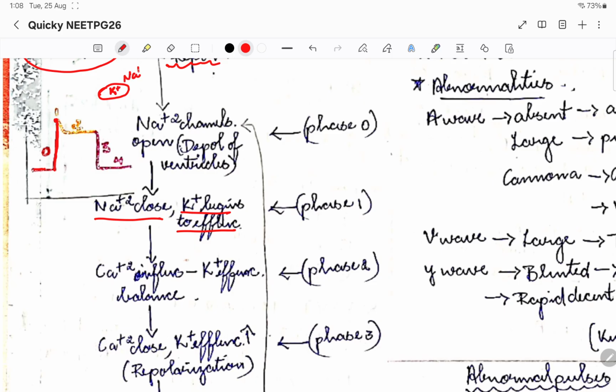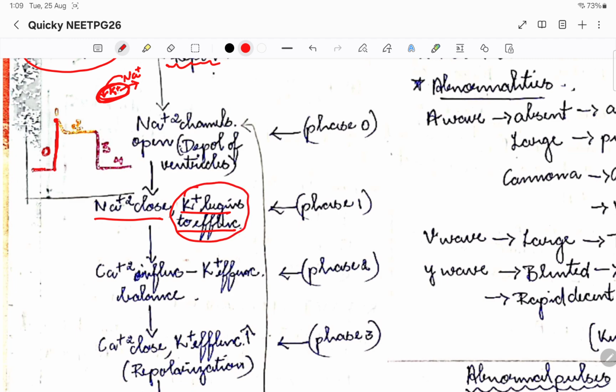When the action potential is there, sodium goes in and suddenly starts increasing the positivity of the cell. After one certain point, the cell cannot bear more weight of the sodium, so it starts sending the potassium out. So potassium starts to efflux out.